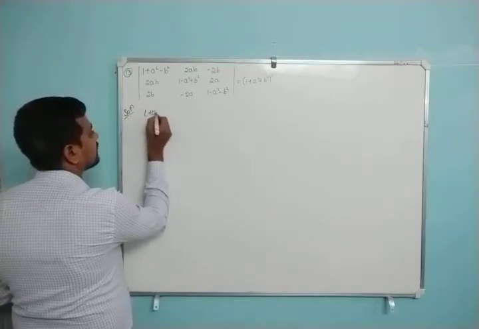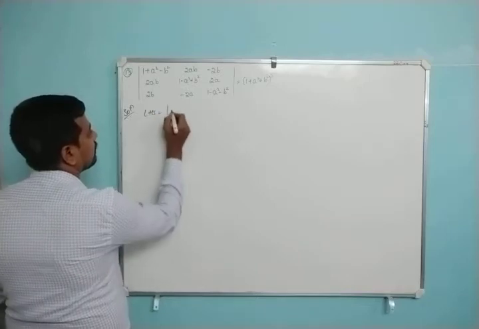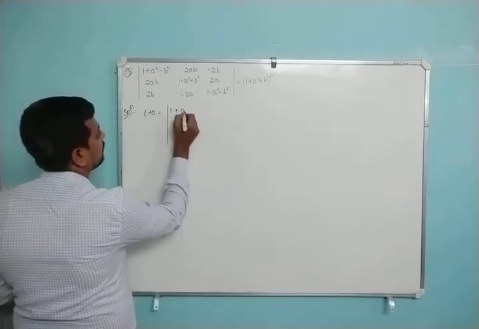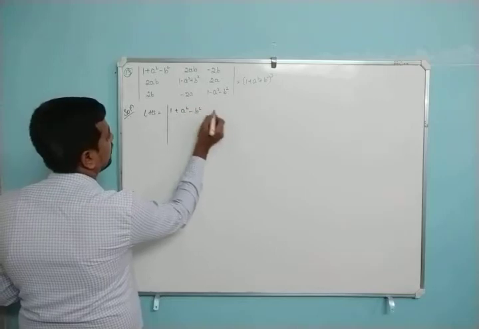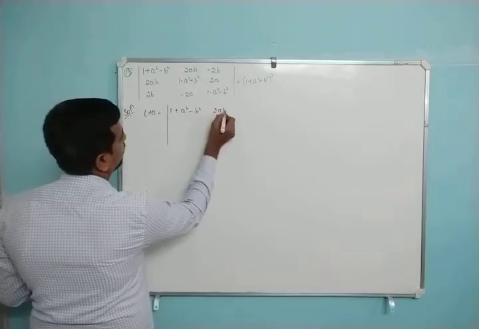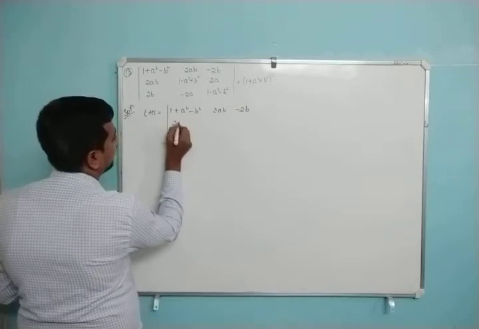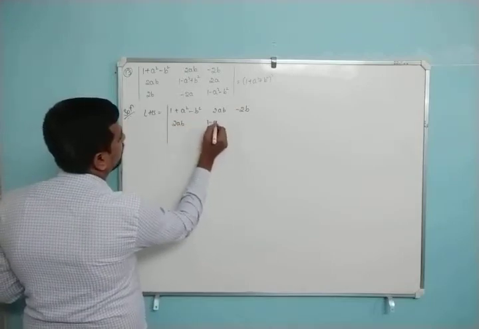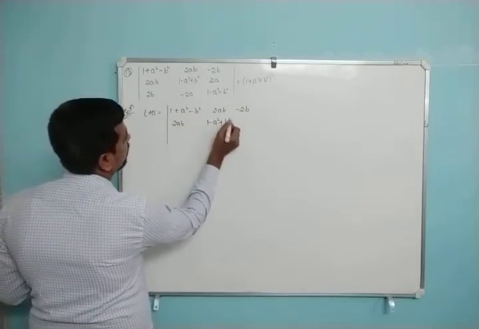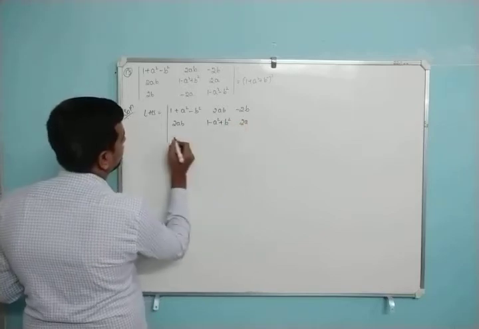What is our LHS? 1 + a² − b², this is 2ab, this is −2b. This is 2ab, 1 − a² + b², this is 2a.